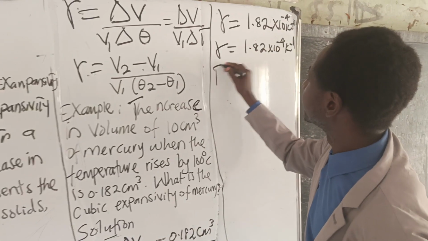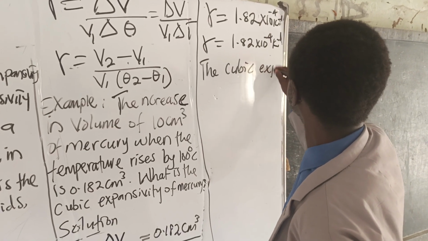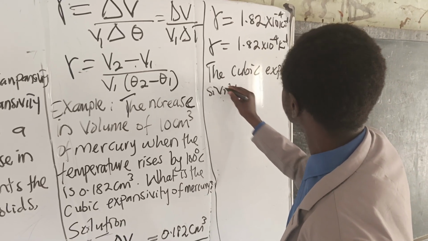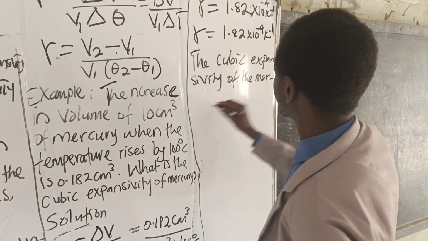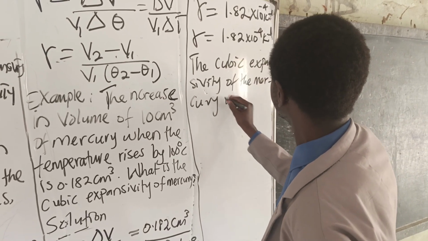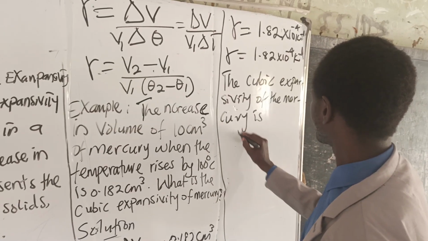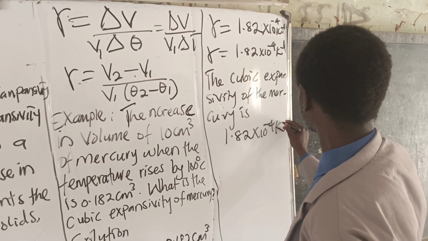So the cubic expansivity of the mercury is 1.82 times 10 to the power of minus 4 per Kelvin.